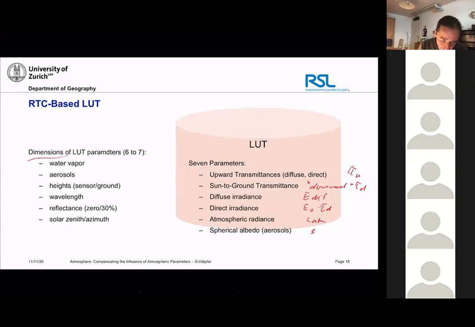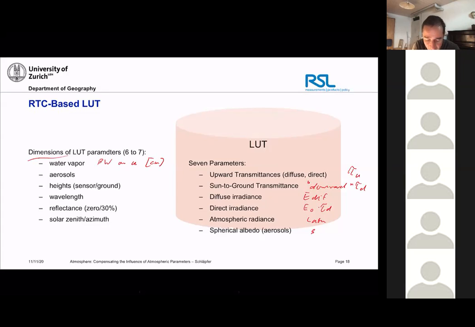This is usually called PW, precipitable water, or sometimes also big little u, and it's given usually in centimeters. It's how much water you have in a column through the whole atmosphere.